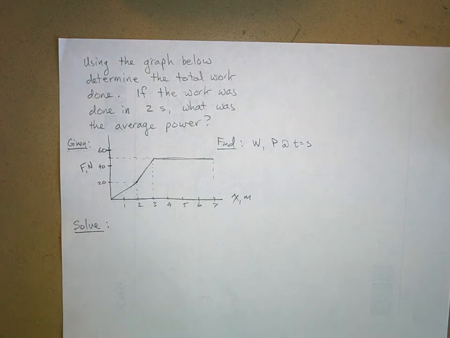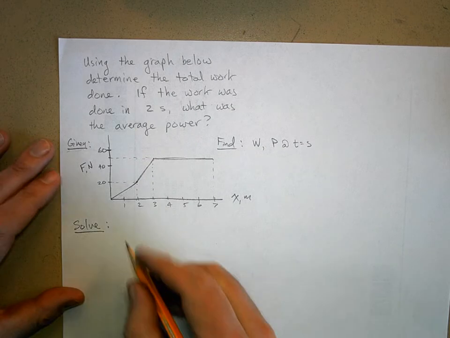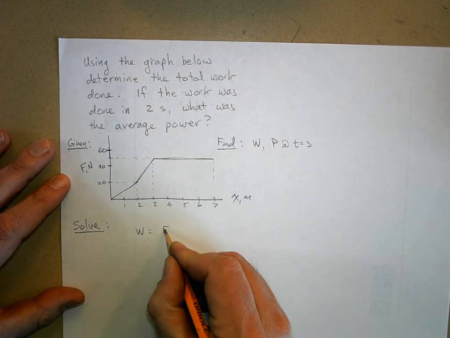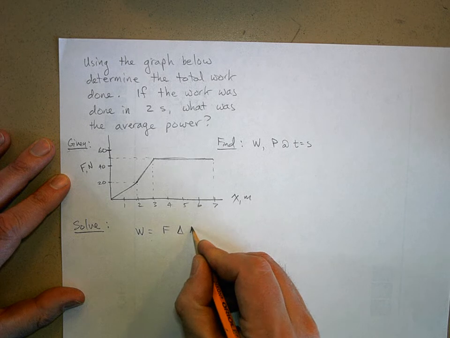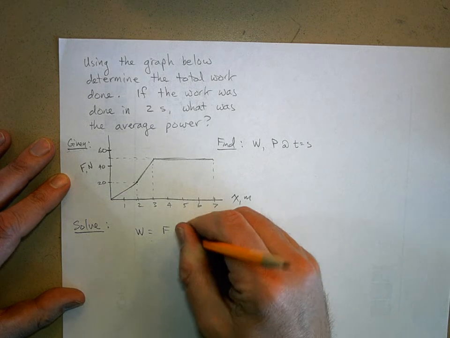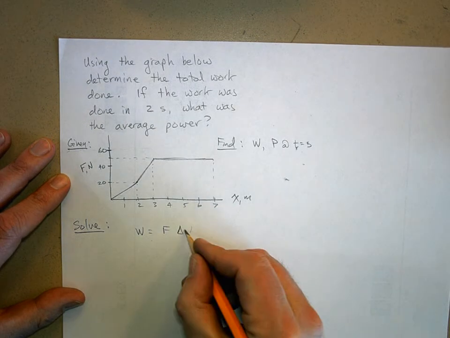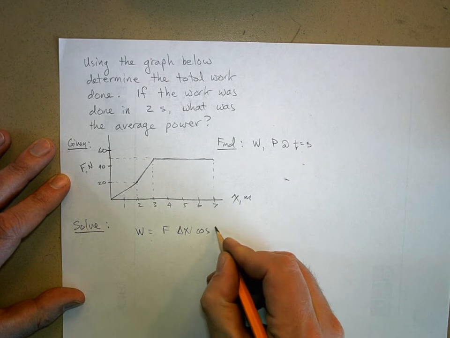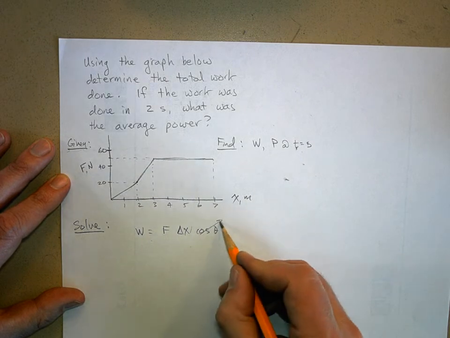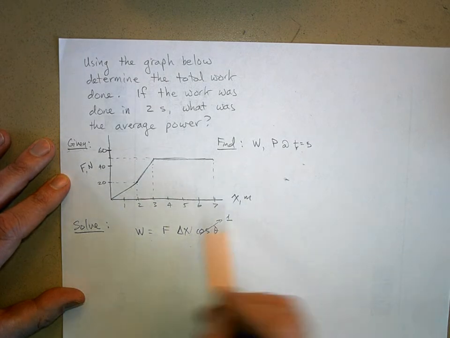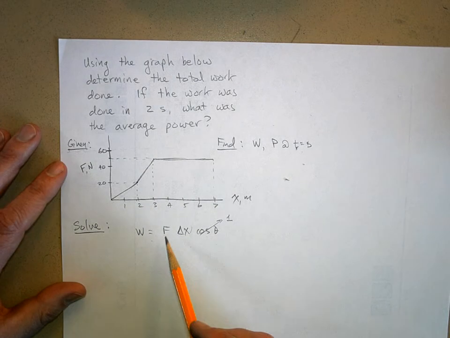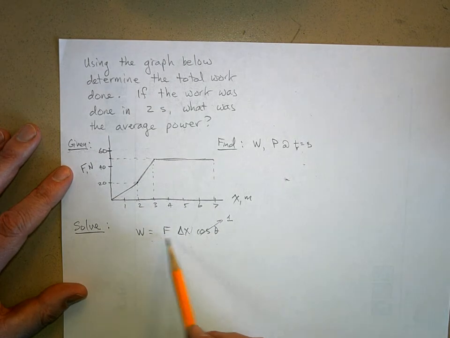Okay, we have to integrate. We have to use integration. We say, well, work is equal to force times displacement times the cosine of the angle between. Let's just assume that this is 1, that the force and the displacement are parallel. But you think, well, it's just force times displacement.